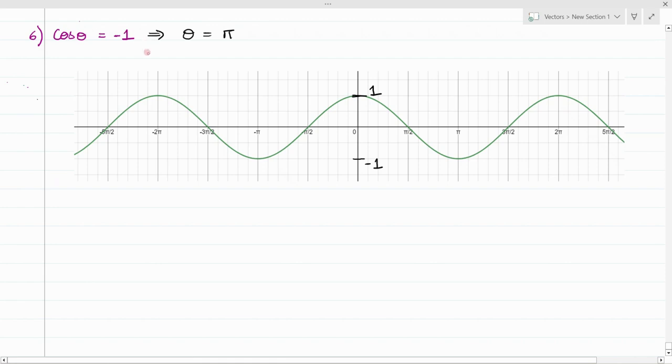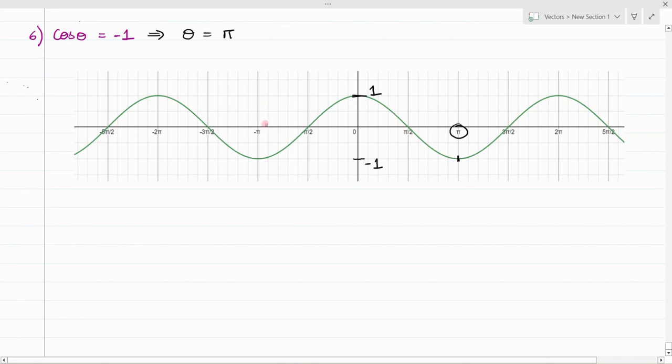So let's see how it is. This is the cos theta or cos x graph in which the theta values are on the x-axis and cos theta values, that is 1, 0, minus 1, are on the y-axis. So we know at theta equal to pi, the cos value is minus 1. This is the basic solution we already know.